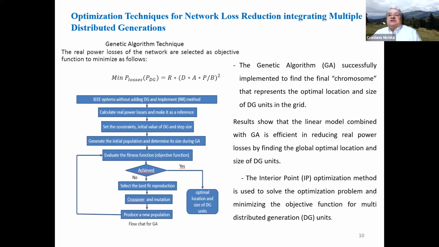Two optimization techniques we develop: local and global optimization, using also the linearized calculation for real power losses. This algorithm is implemented to find the optimal location and size also for DG units in the grid.